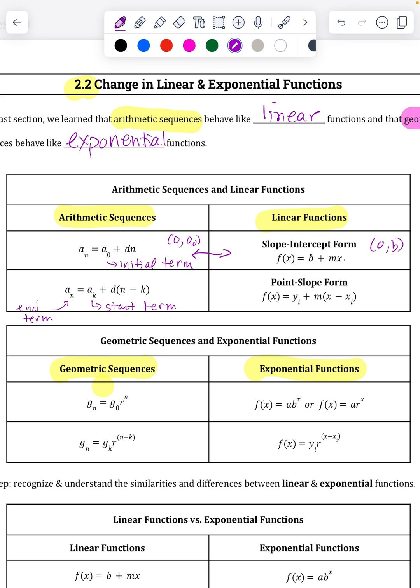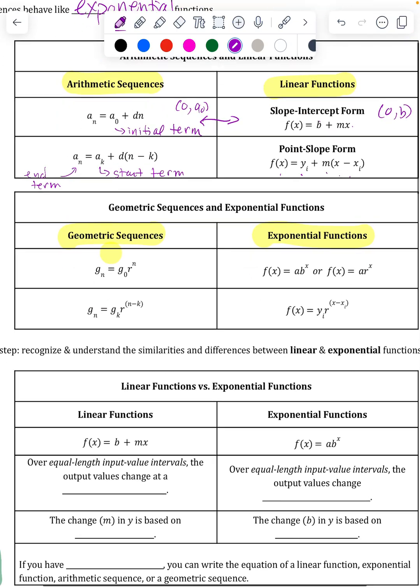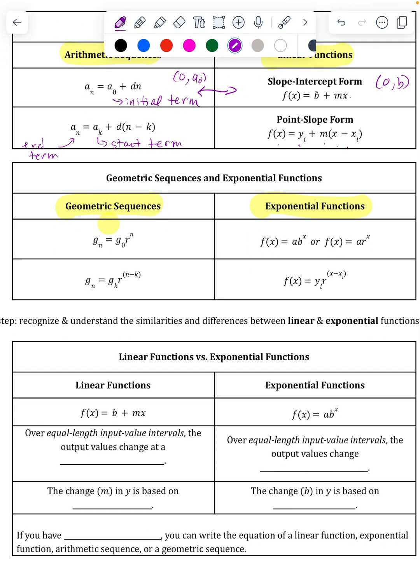So you can see the similarities between these two, where here is my function, this is the number I'm starting at, my rate of change, which would be my common difference, and the change in my x's. So it's just important to understand how those are the same as what we've learned in the past.